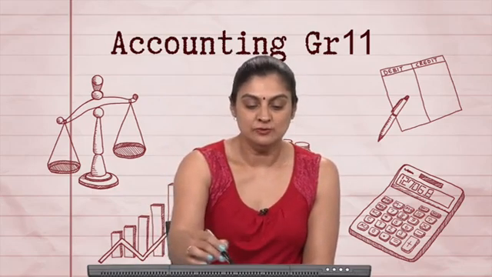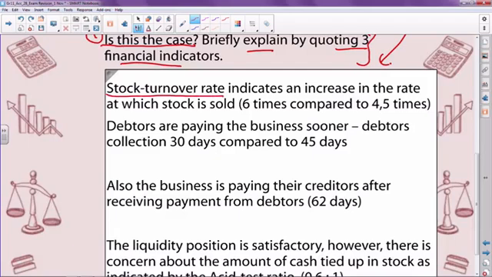Here we're referring to your stock turnover rate, which indicates there's an increase in the rate at which stock is sold. Here we're comparing 2015 to 2014. Can you see there was an increase? Another ratio that shows that money is coming into the business: your debtors are paying the business sooner. Your debtors' collection period is 30 days in 2015, compared to 45 days in 2014.